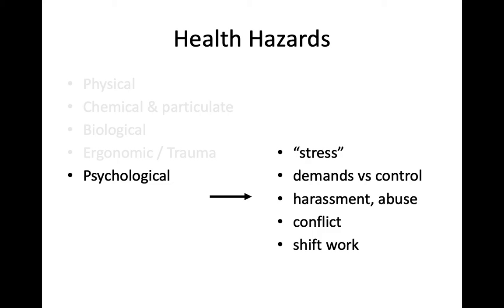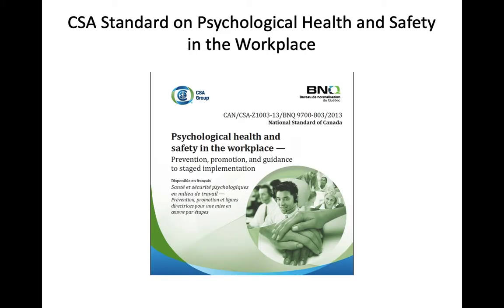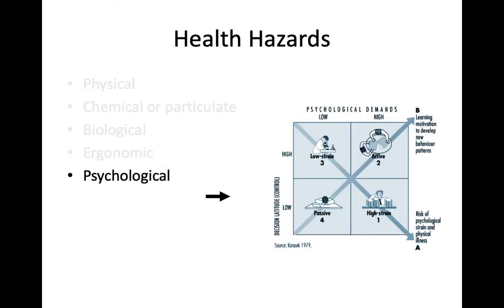So these are the things under psychological. The Canadian Standards Association has a standard for psychological health and safety in the workplace, and they have a good manual for the prevention, promotion, and guidance to staged implementation in the workplace for health and safety.